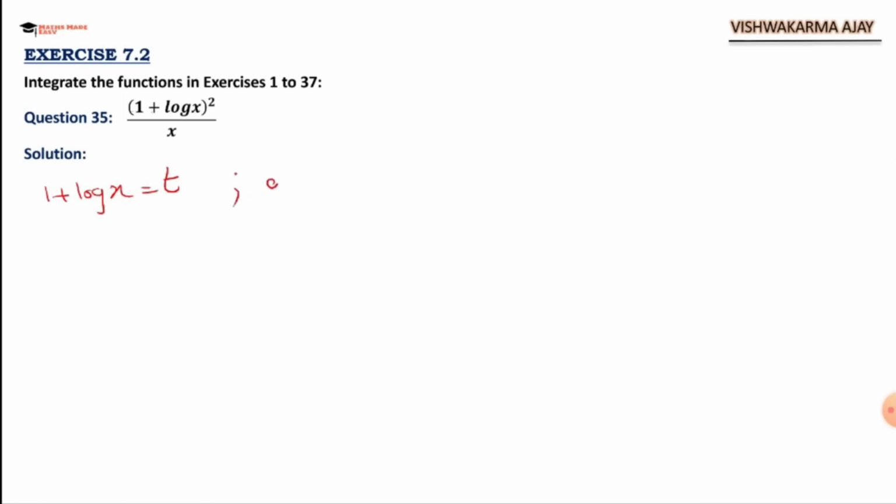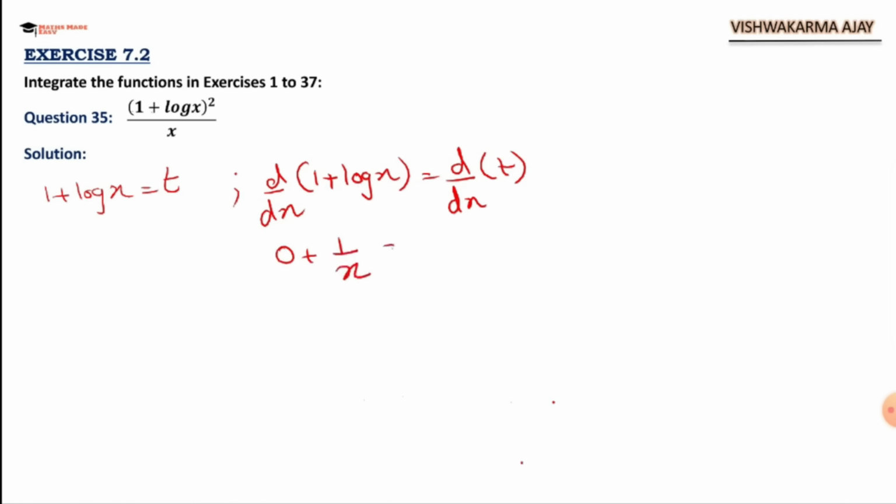Later, d upon dx of 1 plus log of x is equal to d upon dx of t. The derivative of 1 is 0 and of log x is 1 upon x, is equal to dt upon dx. You can send this dx here. So we have dx upon x is equal to dt.